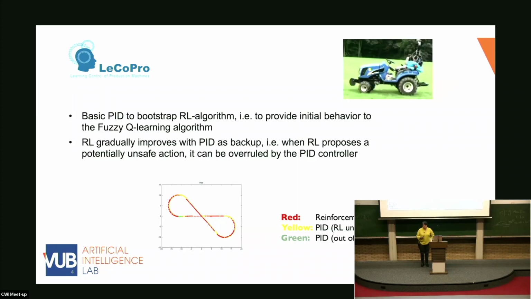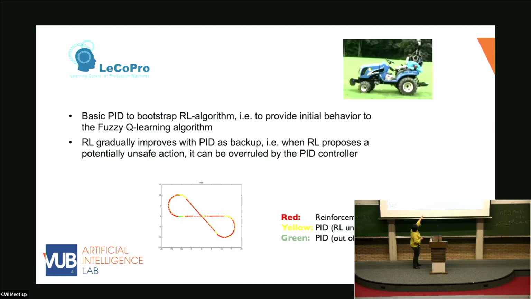But we also wanted to have a safe approach, in the sense that, of course, you don't want these structures to drive all over the place. You want to have a decent performance right from the beginning. So we used a PID controller as a backup, and that would supervise the reinforcement learning process.